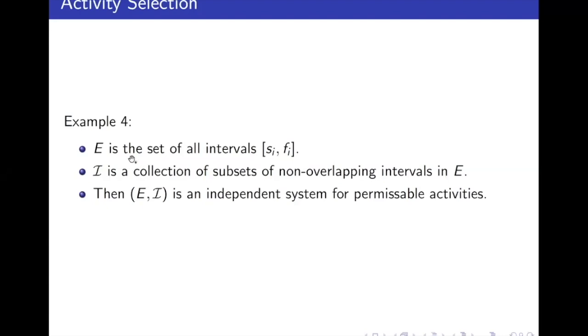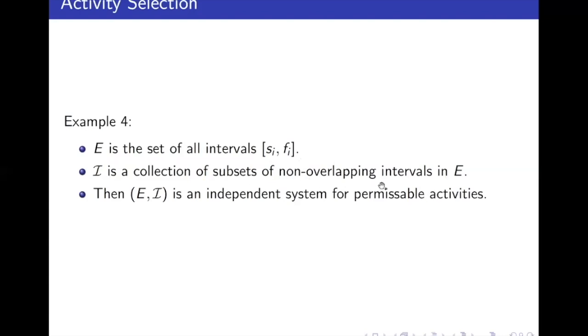So let E be the set of all intervals Si and Fi. Si is the start time of activity i, and Fi is the finish time of activity i. And this curly I is a collection of subsets of non-overlapping intervals. In other words, they are compatible activities.